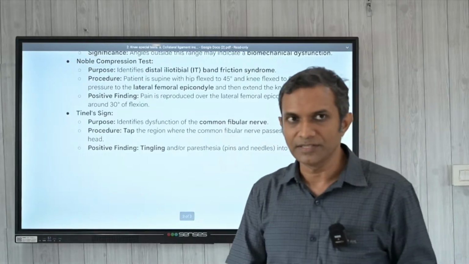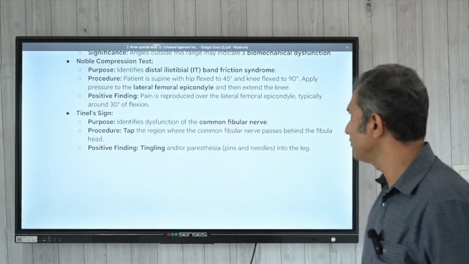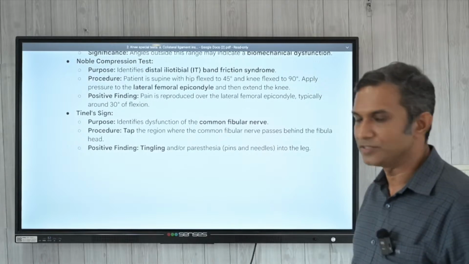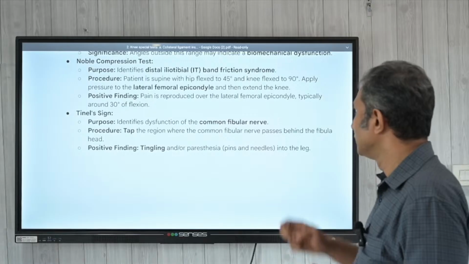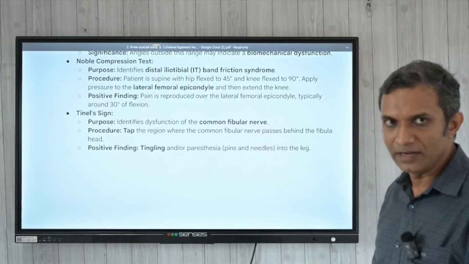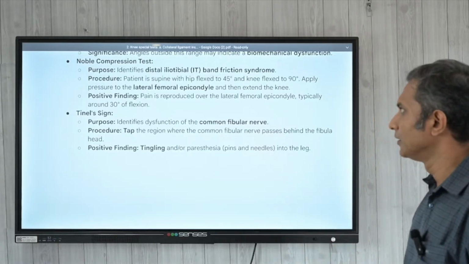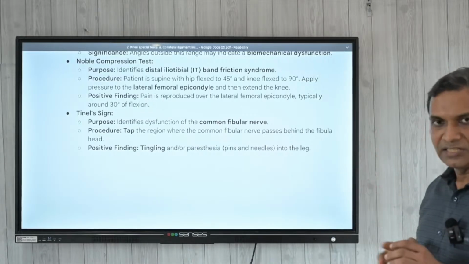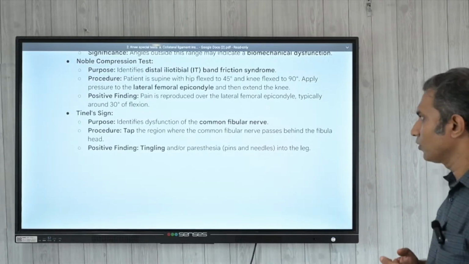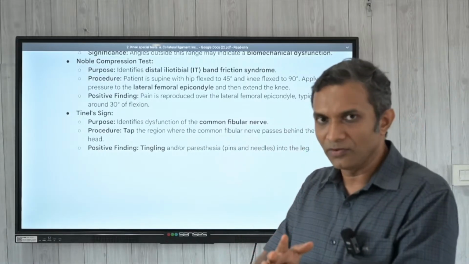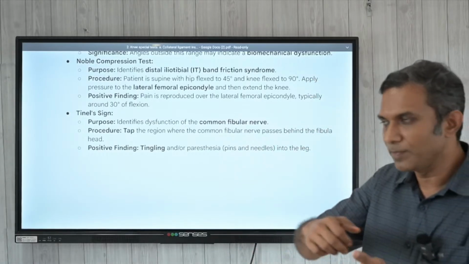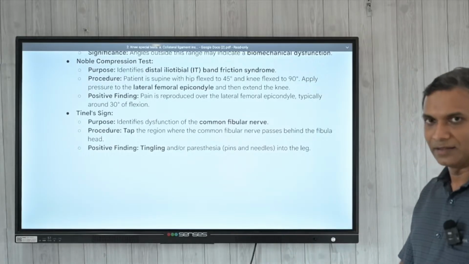Noble compression test. This test signifies iliotibial band friction syndrome. The patient is in supine, the hip joint is flexed to 45 degrees, and the knee joint is flexed to 90 degrees. Pressure is applied to the lateral femoral condyle, and the therapist then requests the patient to extend the knee.